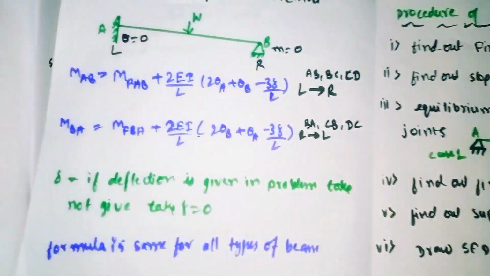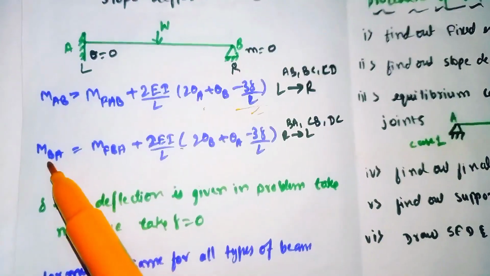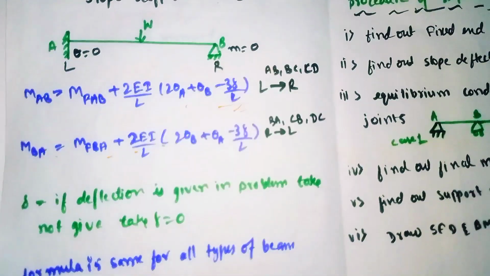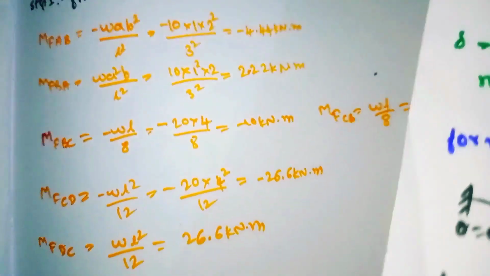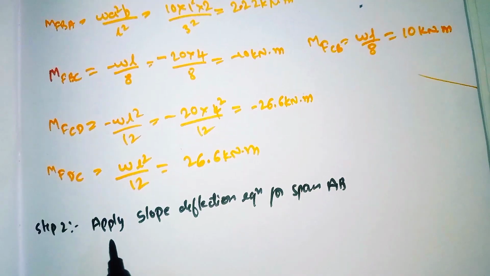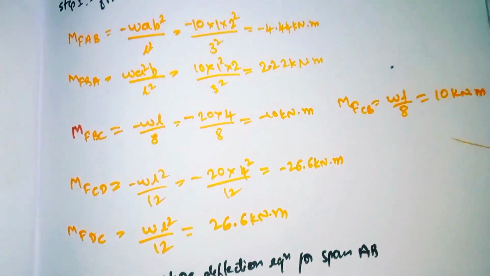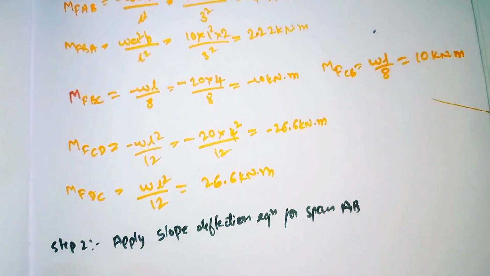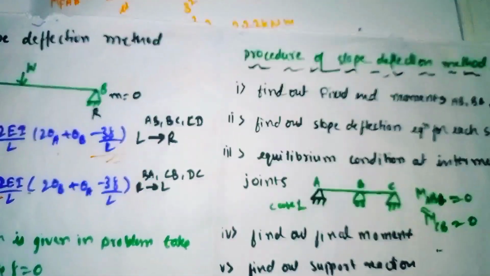By using these two formulas, MAB and MBA, we'll calculate the slope deflection equations. So step 2 is applying the slope deflection equation for span AB. For span AB, MAB, we have this formula. I will write it here.